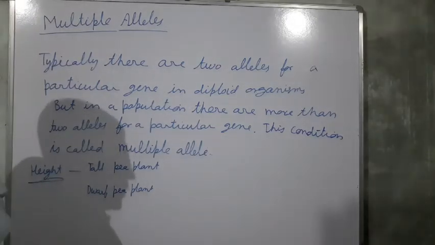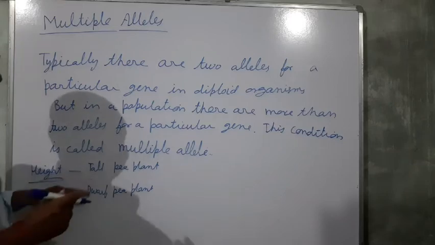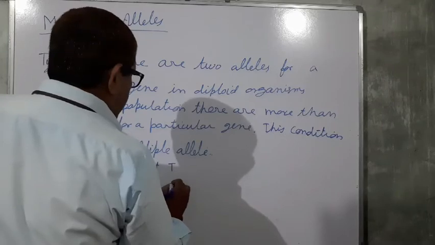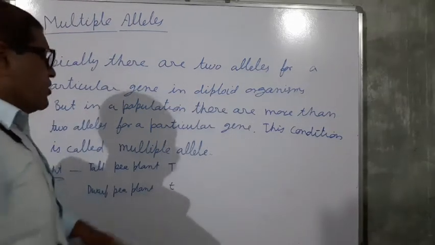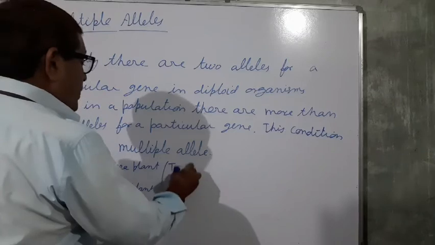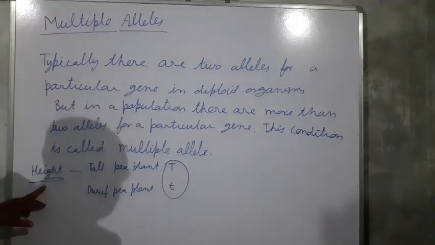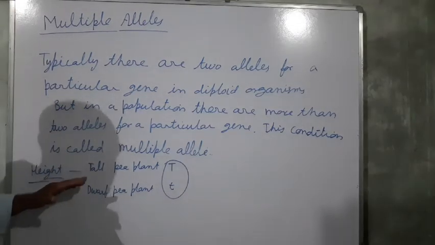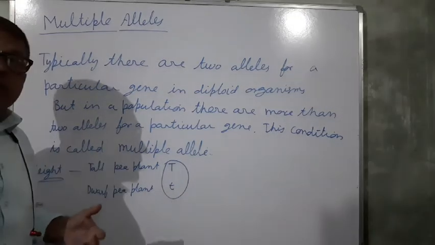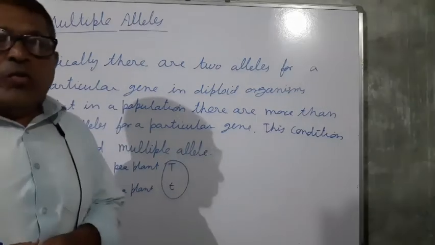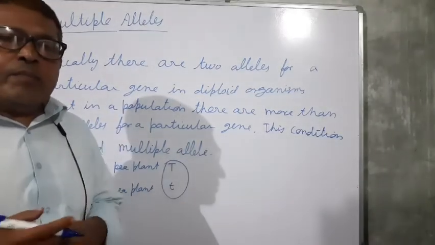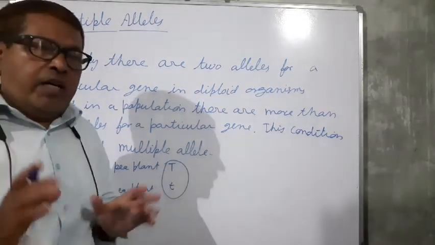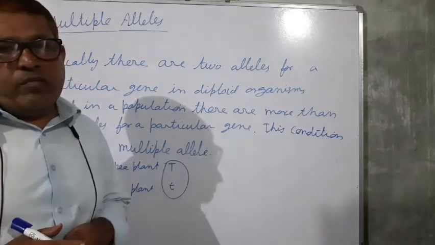One gene controls the height, so it has two alleles, one for tall and the other for dwarf. These two alleles control the height of the plant. So there are some examples in nature where there are more than two alleles for a particular gene.